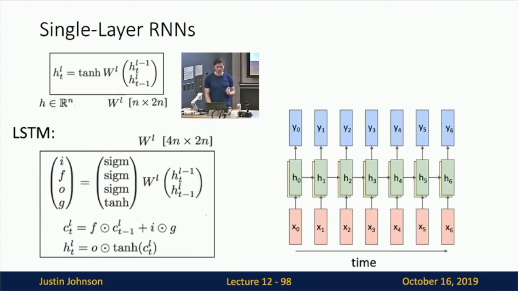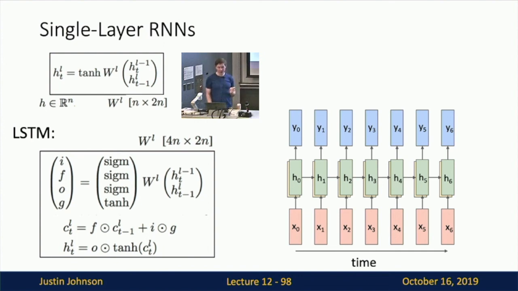Okay, so far we've talked about single layer RNNs. This is something I just want to briefly mention. We've got this sequence of inputs, we produce this sequence of hidden states, and then we use this sequence of hidden vectors to produce a sequence of outputs. Well, we've seen from processing images that more layers is often better, and more layers often allows us to achieve models that perform better on whatever task we want to use.